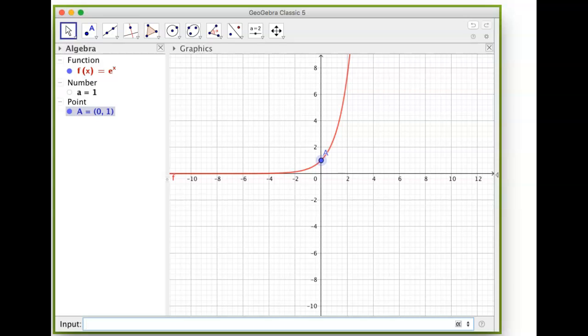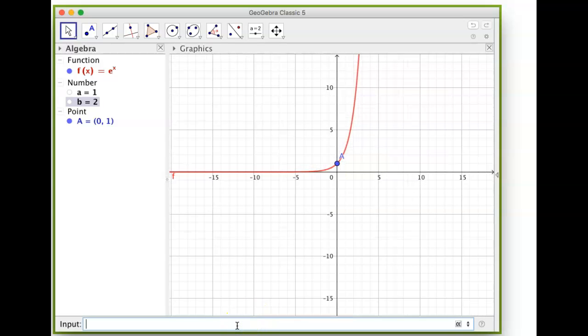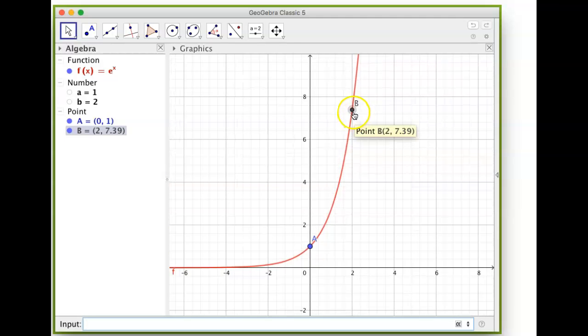If I look at point 2 comma f of 2, so that's e to the 2, I get like 7.39, so that's saying the slope of the tangent at that point is 7.39 as well.